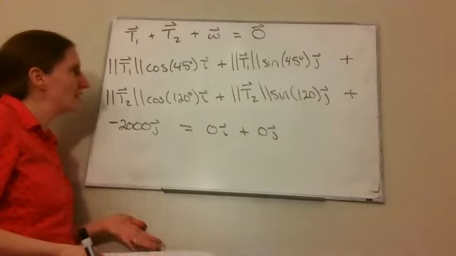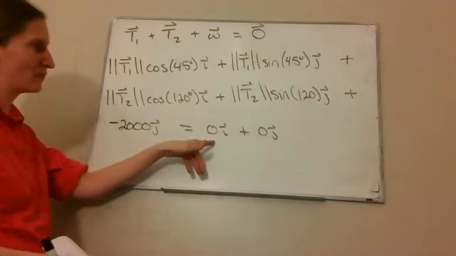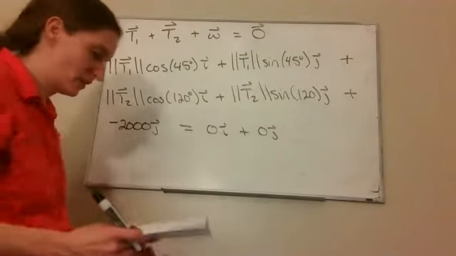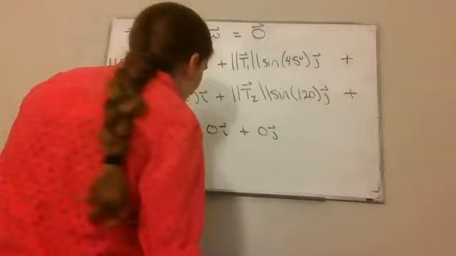Well, the only way that these are going to be equal is if all of the things multiplied by I end up adding up to 0, and all the things that are multiplied by J add up to 0. So I'm going to actually set up a system of equations.